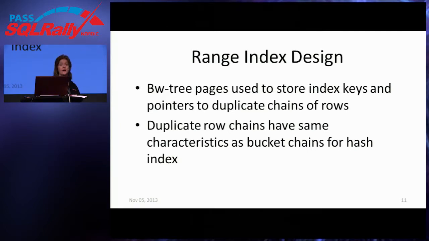Those pointers that are available in the data rows themselves will link duplicate values together. But how does SQL Server find the chain of one particular value? It doesn't use the hash table. It doesn't use the hash function. It actually uses a sorted sequence, very similar to our normal B-tree indexes.